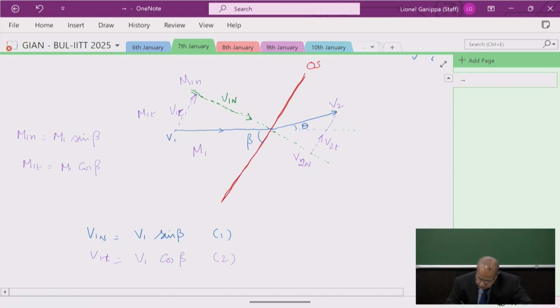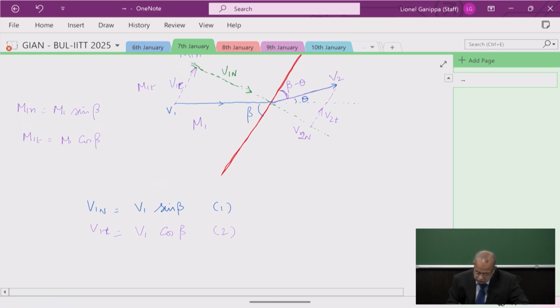So when we look at it, the flow has turned by an angle theta, but with respect to the shock wave, it has turned by an angle here, which is beta minus theta from the geometry.